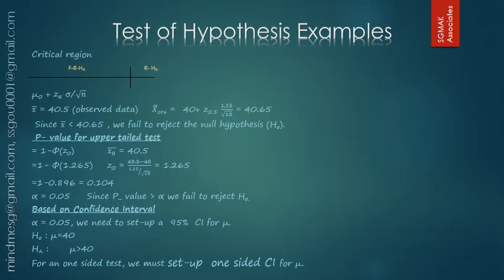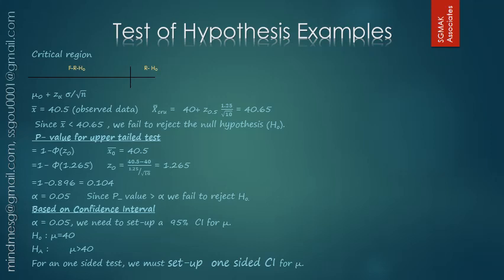The critical region has only one bound, the bound for the reject null hypothesis region, which is given by mu 0 plus z alpha sigma over square root of n. The whole alpha gets used here because it's a one-sided test, and that number is 40.65.